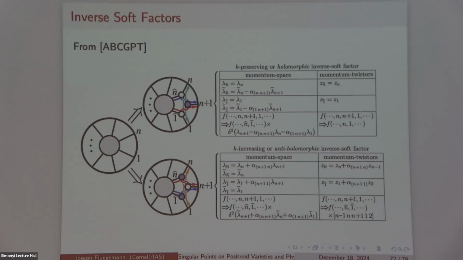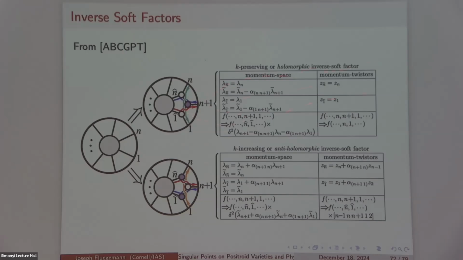Okay, so I have a few minutes left. I'm going to talk about inverse soft factors. These inverse soft factors are a way where you can build up the differential form corresponding to the amplitude. The idea is that for these plabic diagrams, you attach a set of 3 nodes.